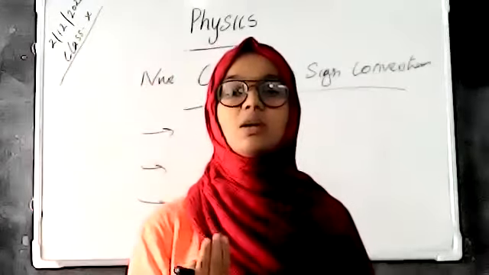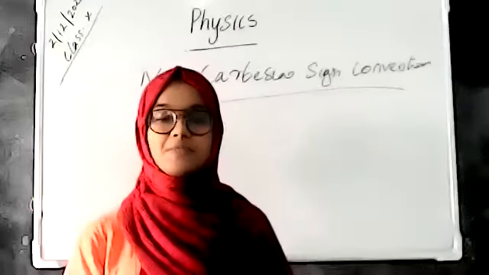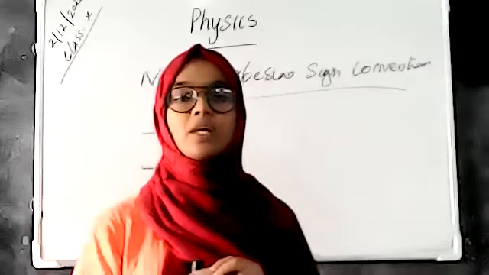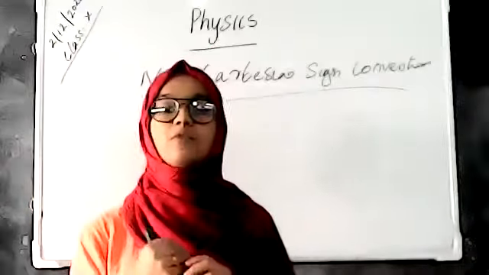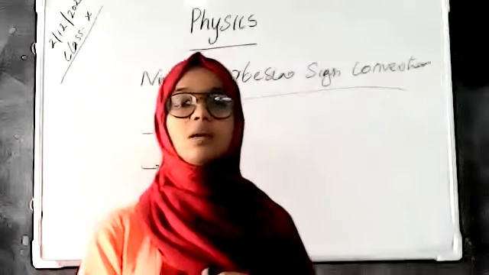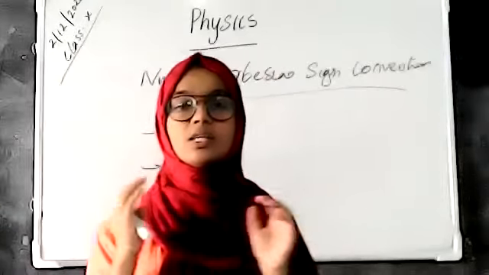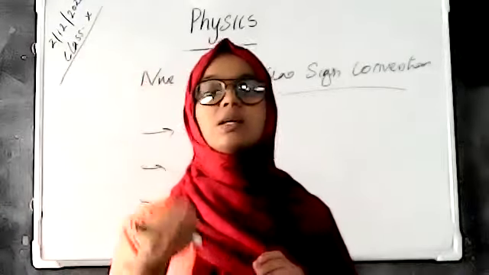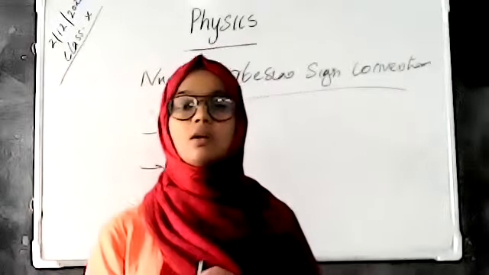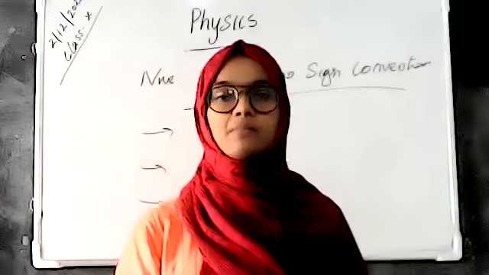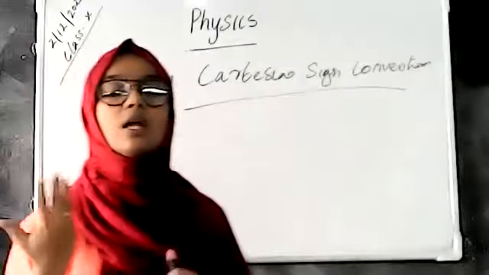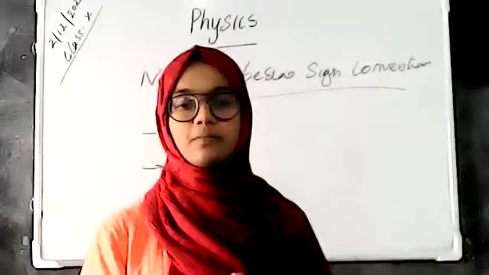When we measure the length of an object using graph paper, the same method is used to measure the focal length or the height of the image formed by mirrors. So the new Cartesian sign convention follows how we find length using a graph paper.